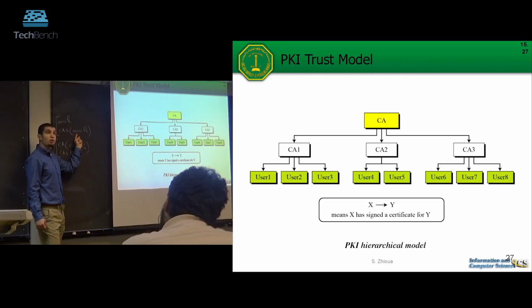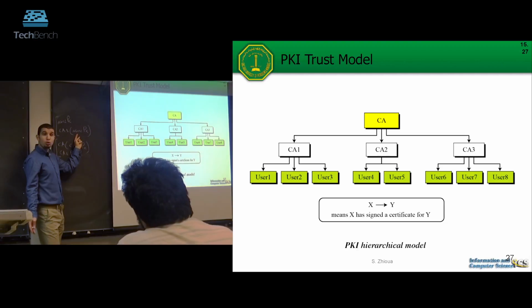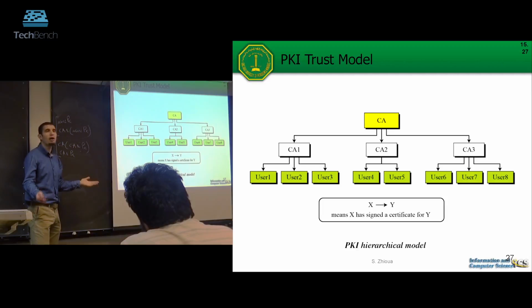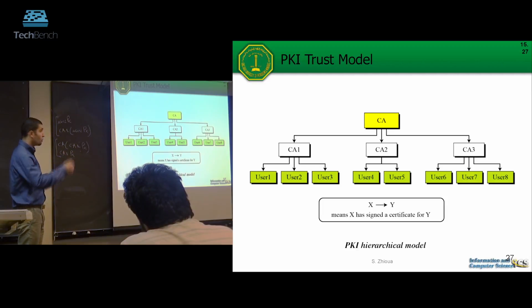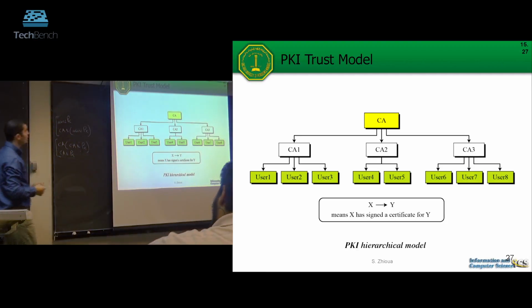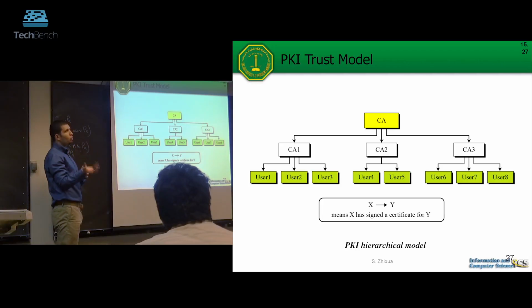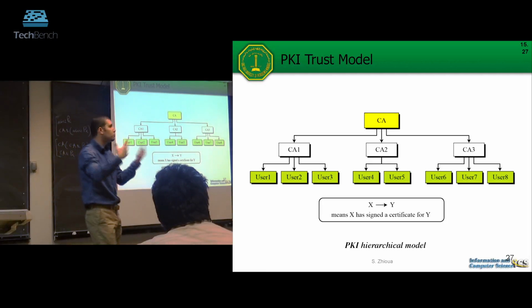If it decrypts this, it needs to obtain the public key of user 2. It will check it with the one sent by user 2 to make sure this is the valid one. So basically, it followed the chain up to some common trusted entity, which is CA here, and it validated that. But we don't decrypt, we encrypt with the public key, right? Yes, we call it decrypt because it's already encrypted with the private key. So when you apply the public key, you're basically decrypting.